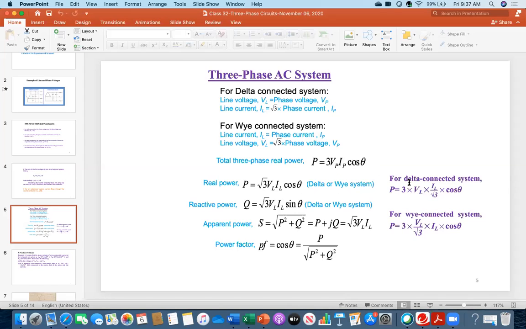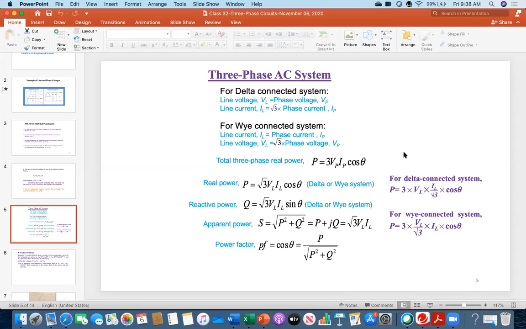Now, everybody look at what I have written here. For a delta connected system, what is the voltage relationship? VL equals VP. Everybody follow me properly. VL equals VP. Look at this equation. You replace VP by VL. I replaced VP by VL, and replaced IP by IL.